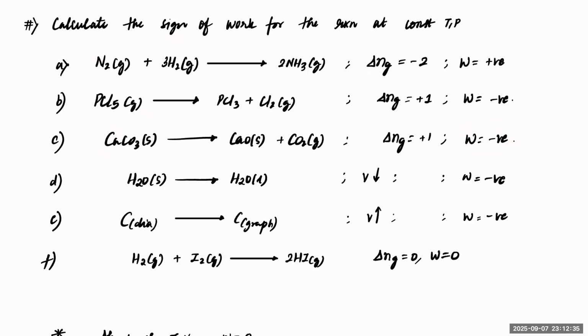H2O, solid going to liquid. In such cases, delta Ng is not something we can compare, but we can compare delta V as the volume of the product, in this case liquid, minus the volume of the solid. This is the way you can figure out delta V. Now you notice the liquid's volume would be less than the volume of the solid.